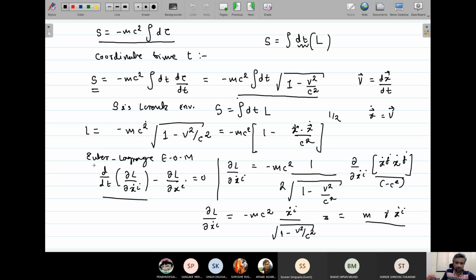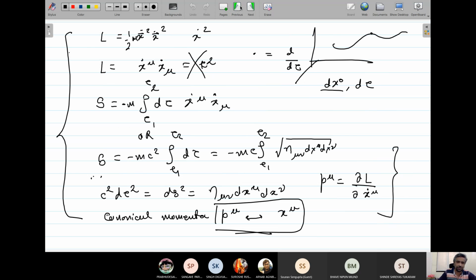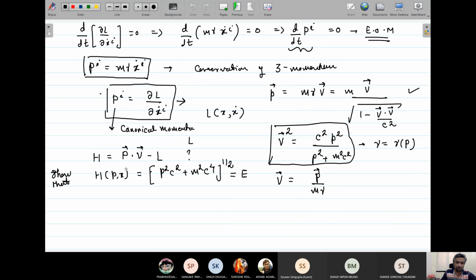From the Lagrangian, we calculated the equation of motion. Also, from the Lagrangian, we know the canonical momenta. Then we use what is known as the Legendre transformation to calculate the Hamiltonian. So everything is consistent with our earlier definition of three-momenta, canonical momenta, and energy.